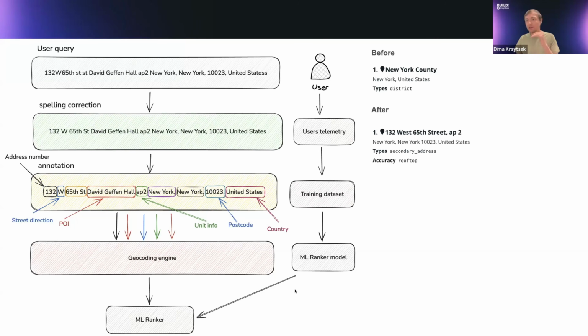Every part of the user query was correctly annotated with the corresponding type. And then the information will be sent to our geocoding engine, and the geocoding engine will decide which information we should use and how we should use it to find the correct address. And now we are going to our last part, our ranker.